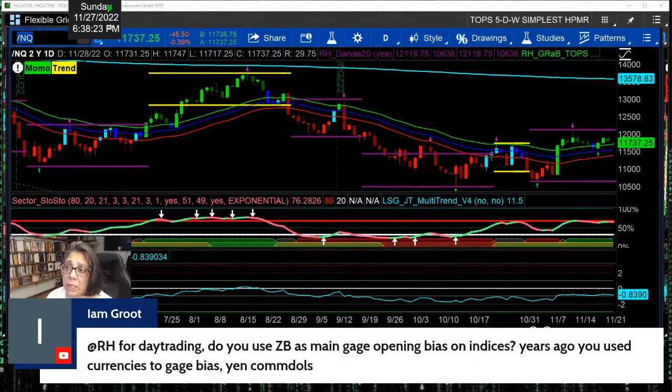And then do I still look at currencies? I do, but the more we got into lower and lower rates and extreme central bank intervention, I still look at yen. Absolutely, we still should look at yen. I think that's a very powerful currency to look at in light of yen being borrowed or sold as a carry, right? There's your carry trade right there as a funding currency. That's important.